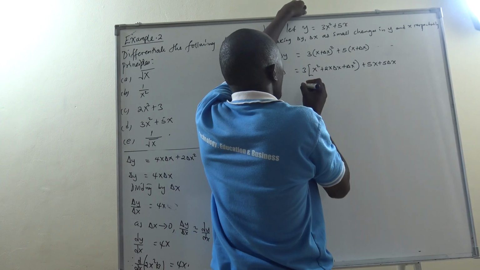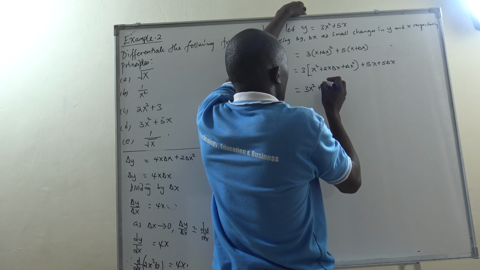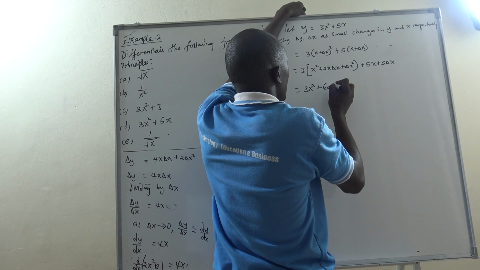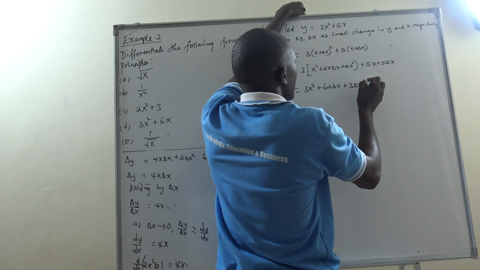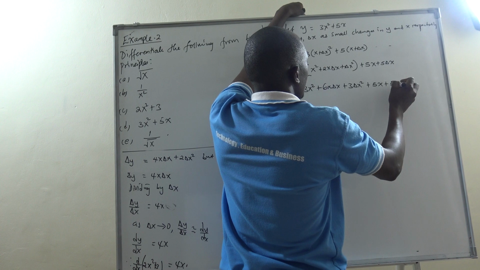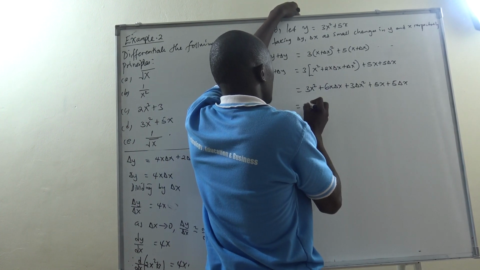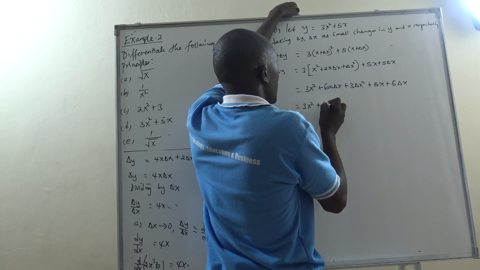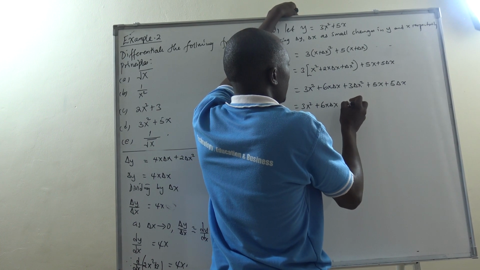So when we try to go ahead, we are getting 3x squared plus 6x delta x plus 3 delta x squared, then plus 5x plus 5 delta x. Can we try to collect terms? We are getting 3x squared plus 6x delta x, then plus 5x.